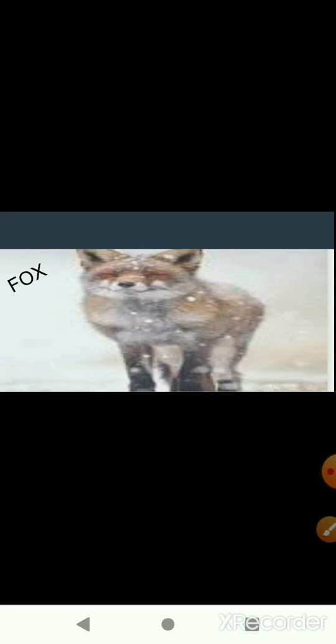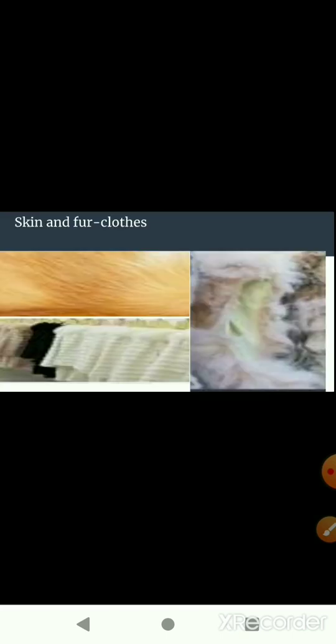They use the skin and fur of these animals to make their clothes.